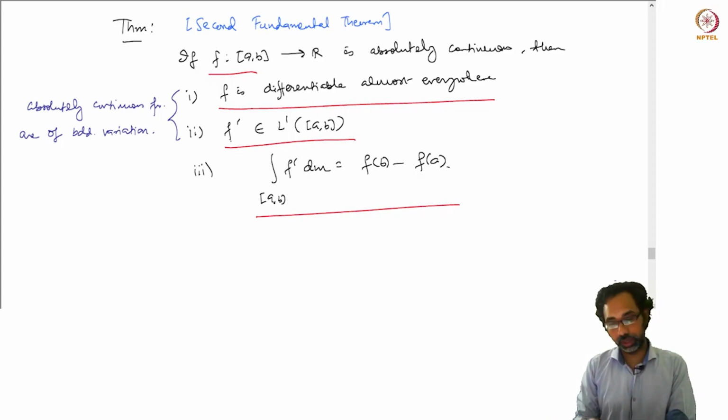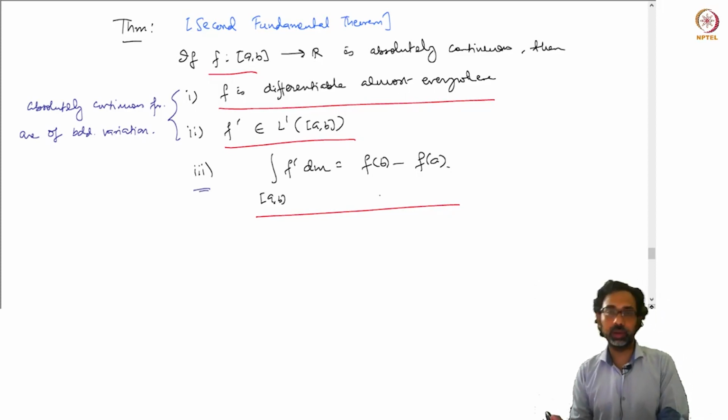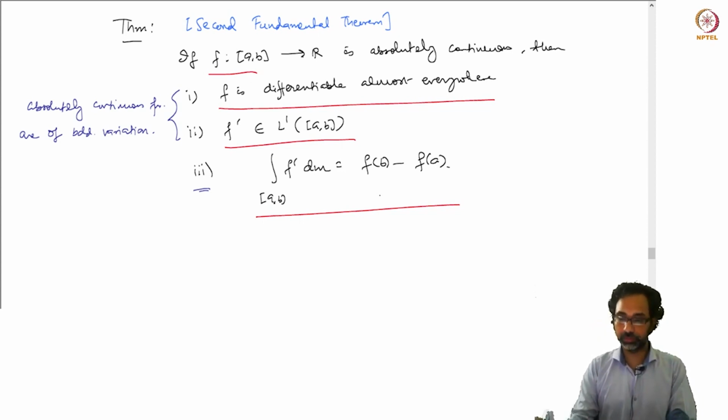It's also true that the derivative of a bounded variation function, which is defined almost everywhere, is in fact an L1 function. So this third part is where the absolute continuity plays a role, that the second fundamental theorem of calculus holds. So we come to the end of this topic about differentiation theorems.